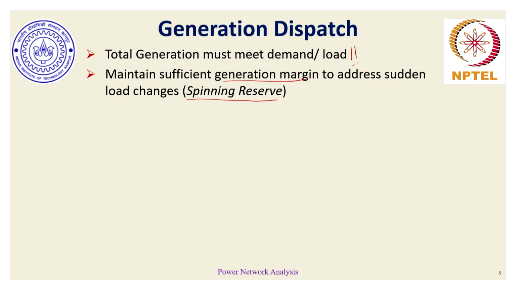More details would come as we venture through the upcoming discussions, specifically in stability analysis and power flow analysis. So over and above the scheduled generation to meet the demand, some generation margin is always committed in a power network to address any contingent conditions, such as load changes which might not have been anticipated.